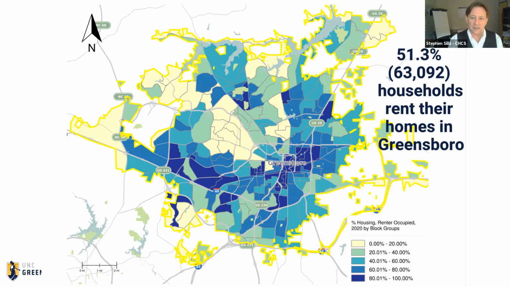And this is the most recent figure, 51.3% or 63,000 households in Greensboro renters. We see that you're more likely to be a renter in East and Southeast Greensboro, but also out I-40 as we've had expansion along that area, the neighborhoods west along that route between Market and 40, where new apartment complexes and new developments have occurred there.